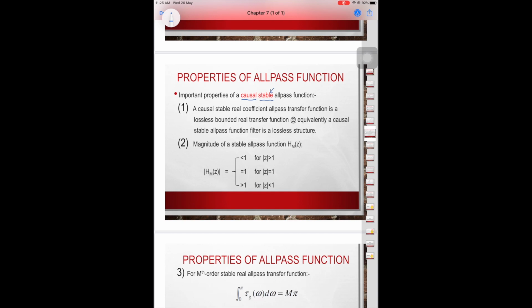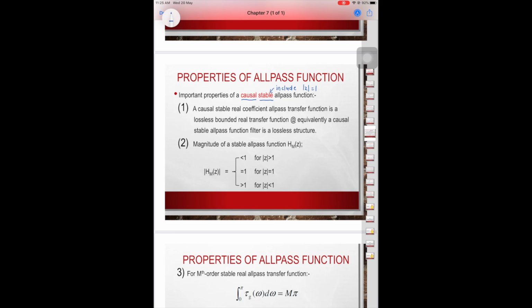Stable means the transfer function must include the unit circle. So basically, your transfer function must be a right-sided sequence, and that sequence must include the unit circle.